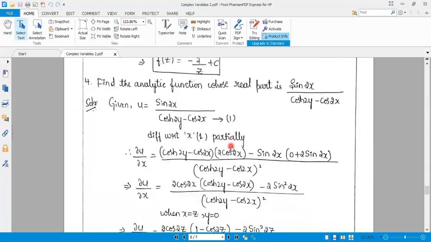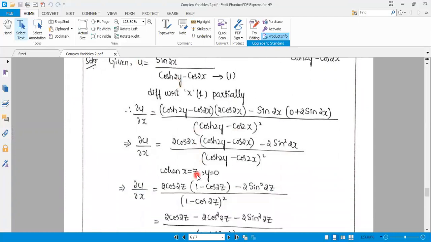Now similarly, let us proceed to the next problem. Find the analytic function whose real part is sine 2x divided by cos hyperbolic 2y minus cos 2x. So where the real part is given, in the same way we differentiate with respect to x and with respect to y by quotient rule. We obtain this result.